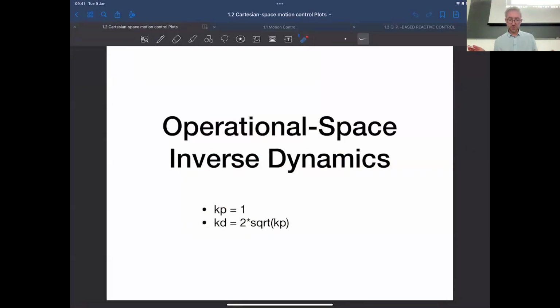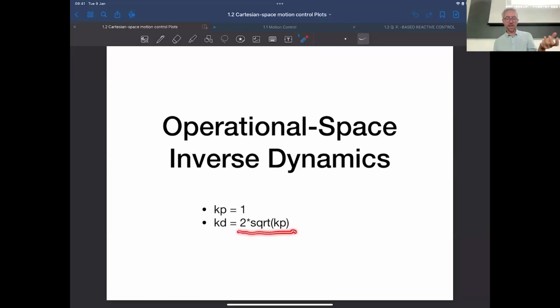So in this case, we start with quite a small value, because kp equal 1 is a small value. For kd, this is a trick that we use very often. We set the derivative gain equal to 2 square root of the proportional gain. This is not by chance.